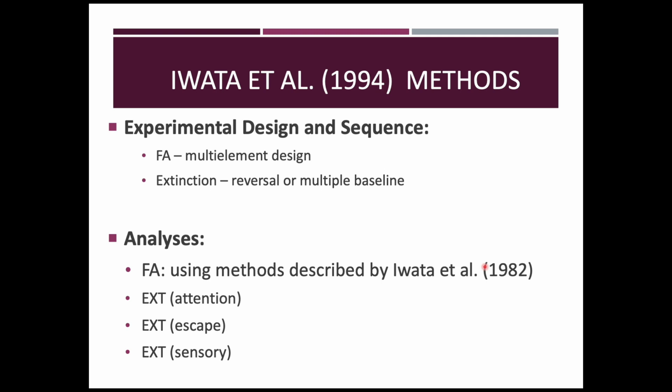Once they identified the function, and there were 3 participants, all of whom had different functions of their self-injurious behavior, they applied 2 forms of extinction. And again, the question here was, what if you apply the correct form? How would that work? Would it be most effective? And what if you applied a form that was not appropriate to the function? Would that have detrimental effects or no effect?